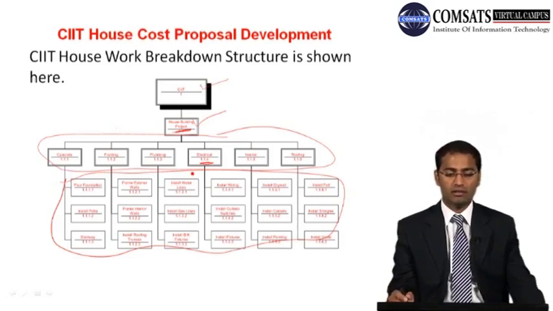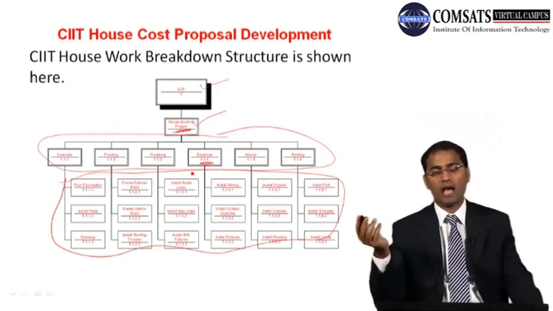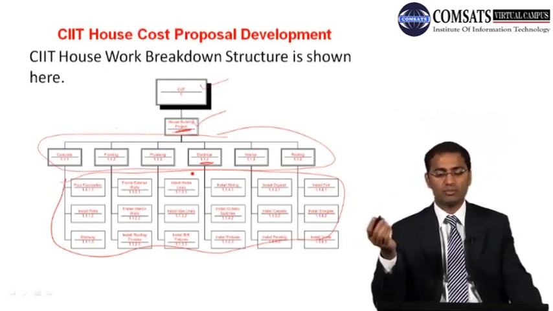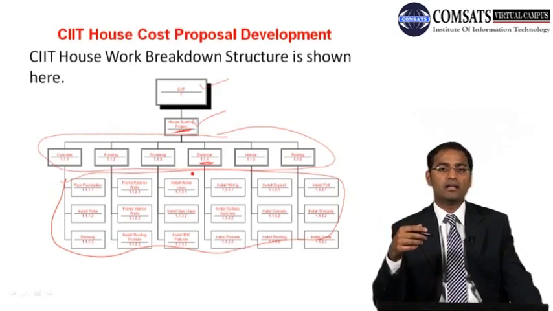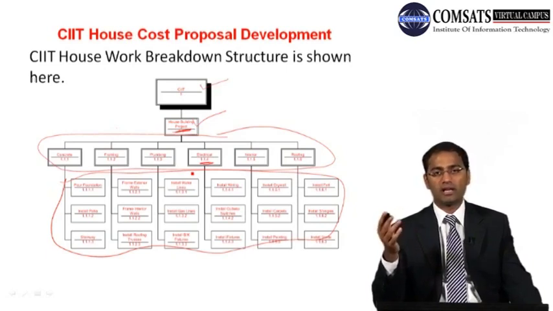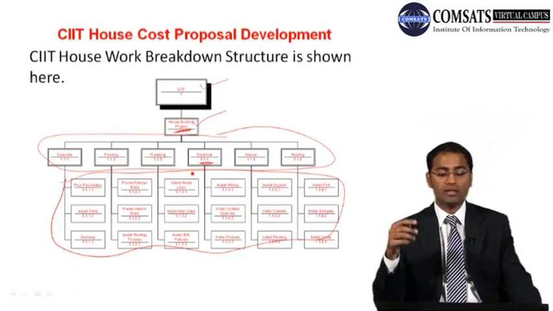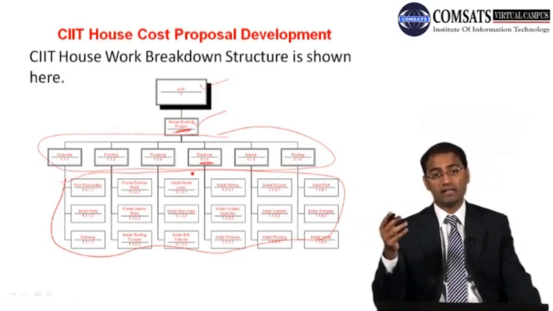So just reminding you that programs are divided into projects, or more precisely, programs are not divided into projects, but different related projects make the program. Okay, but the projects are divided into phases.